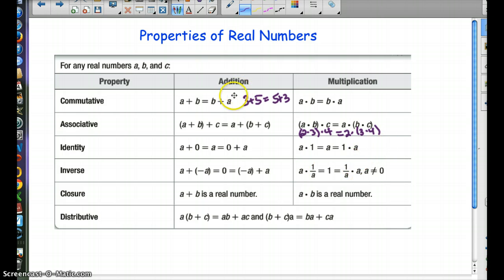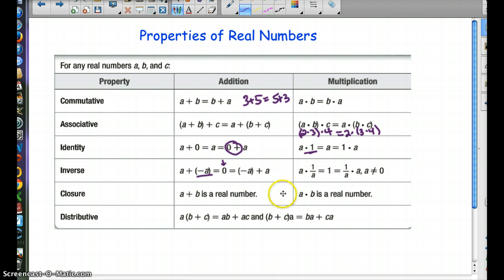The identity property for addition is adding 0. So we're adding 0. The identity property for multiplication is timesing by 1. The inverse is adding the opposite, and you can do it either way. You can flip it around, it'll still be the same, but you have to add that opposite to get 0.